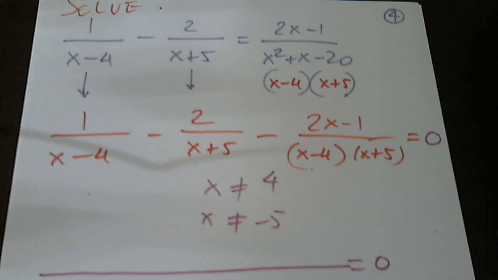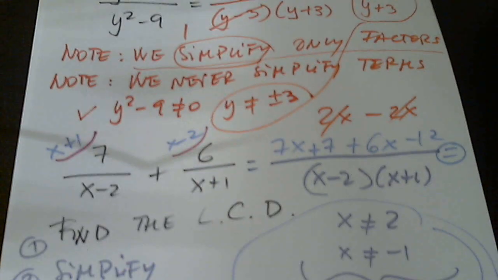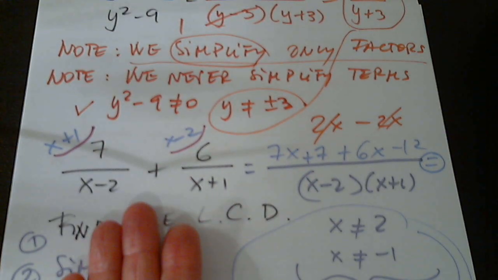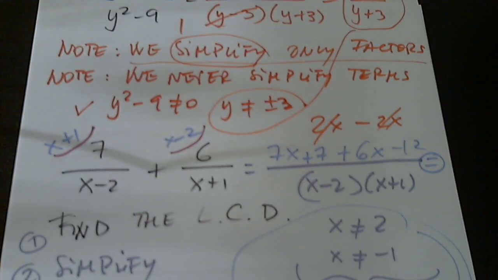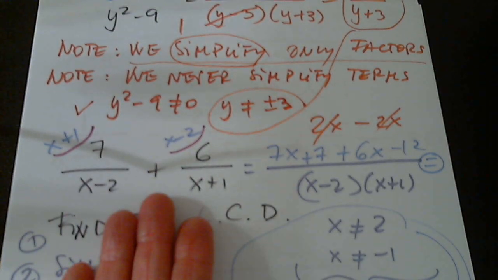What is it? Is it 1? What was the least common denominator in the previous case? It's not trivial. We need to understand this. The x minus 2 times x plus 1.